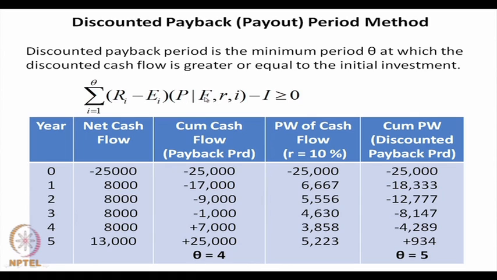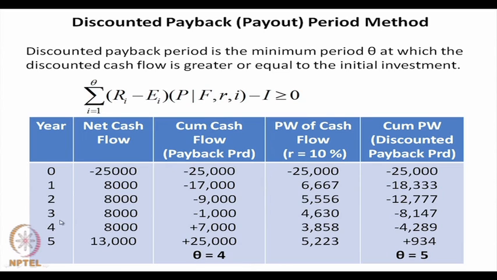The present value is calculated, that means the single payment present worth factor is multiplied with the income, and that is subtracted from I, and over a period of theta, this should be greater than or equal to 0 to find out the value of theta.